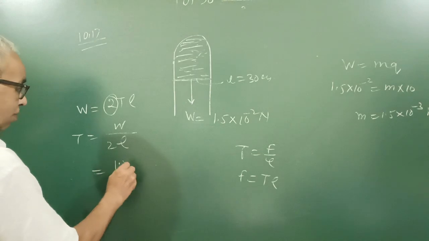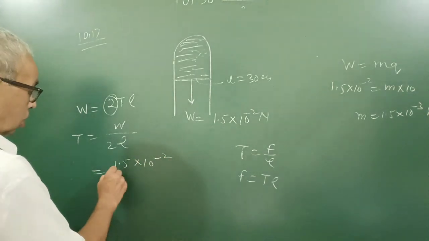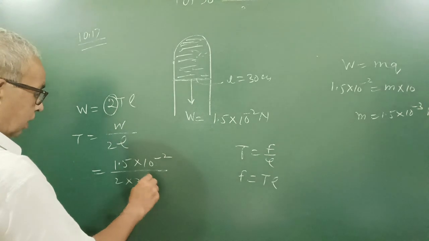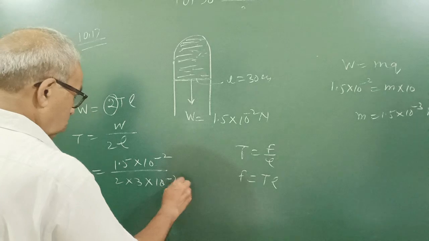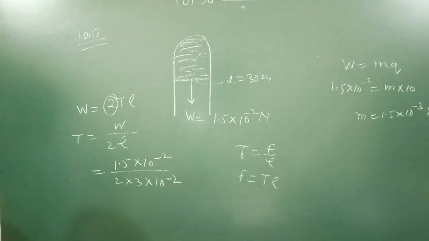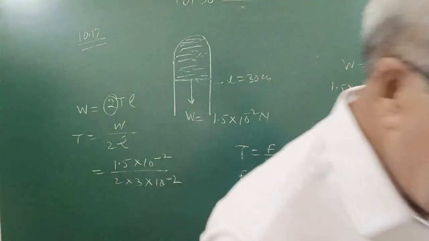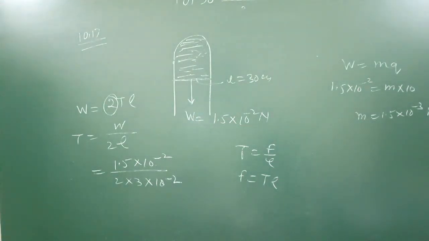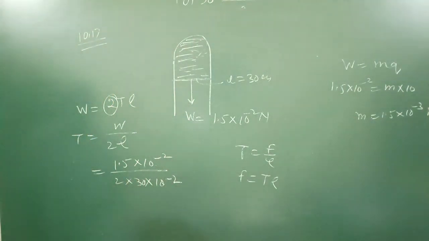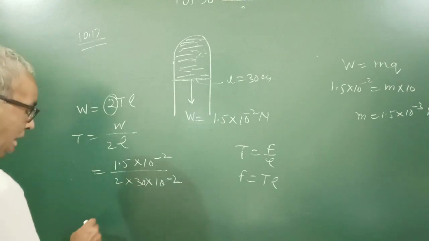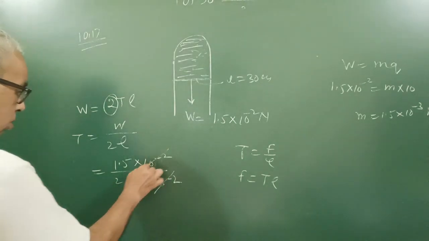So it is 1.5 into 10 to the power minus 2 upon 2 into 3 into 10 to the power minus 2. 30 is the length, right? Sorry, it is written 3. Yes, here I was reading. So it is 0.2. That means this cancels out.